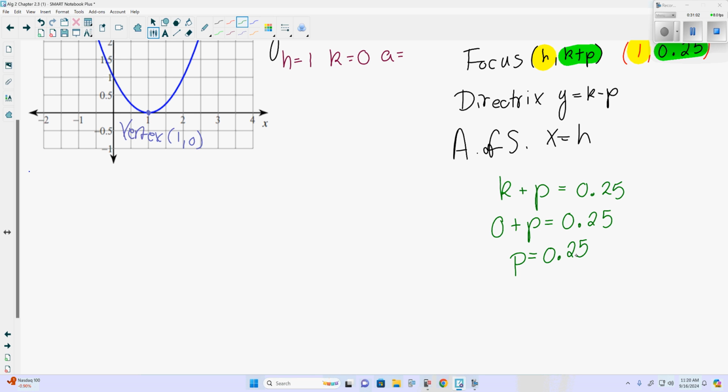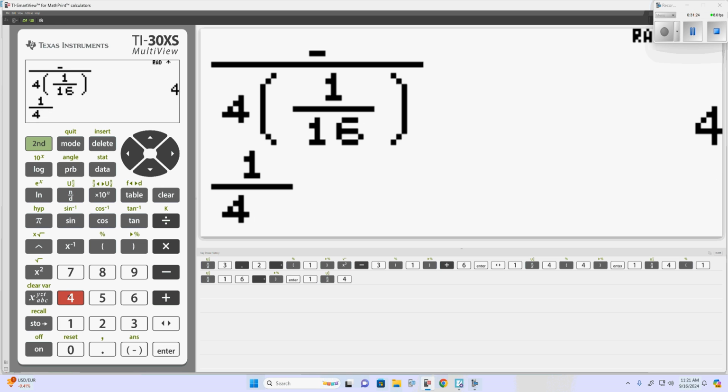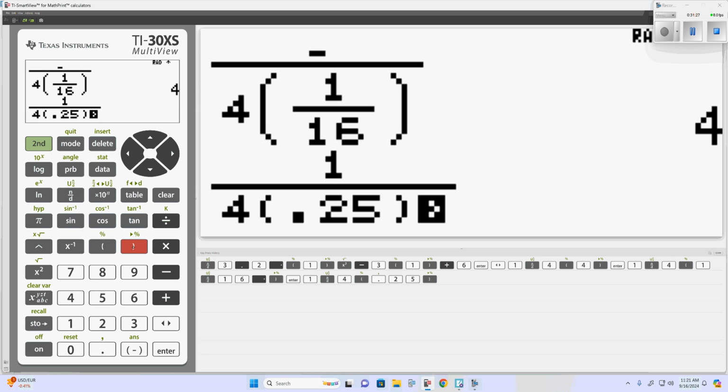Questions on how we found p? So to find the number we're plugging in, we just have to do what? 1 over 4 times that value. One over 4 times 0.25 is 1. 0.25 is 1/4, so our 4 times 0.25 is 1. 1 over 1 is 1.